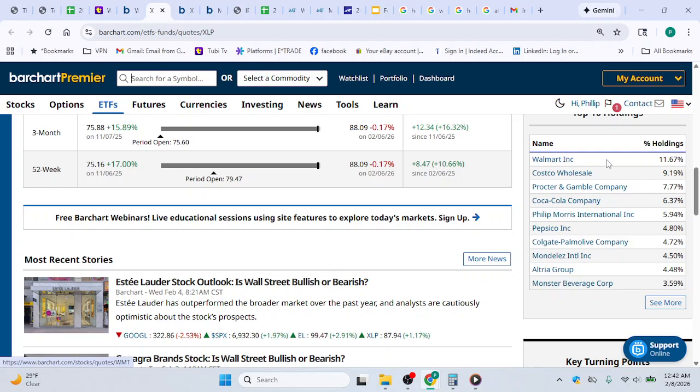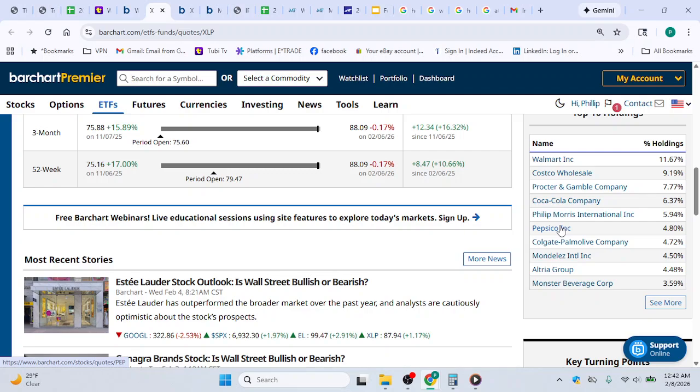Over 11.6% of the ETF is Walmart stock. Then it goes down to Costco, just over 9%, Procter & Gamble, Coca-Cola, Philip Morris, just under 6%, Pepsi, Colgate-Palmolive, Mondelez, Altria Group, and Monster Beverage. So you probably recognize most or all of those companies, right?